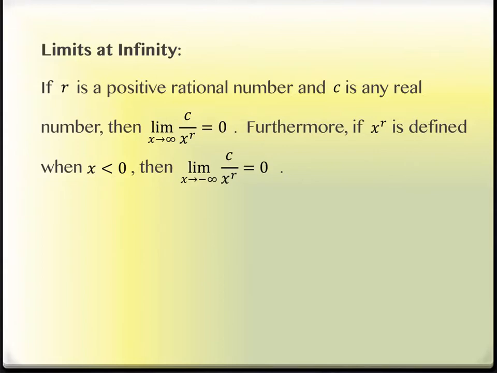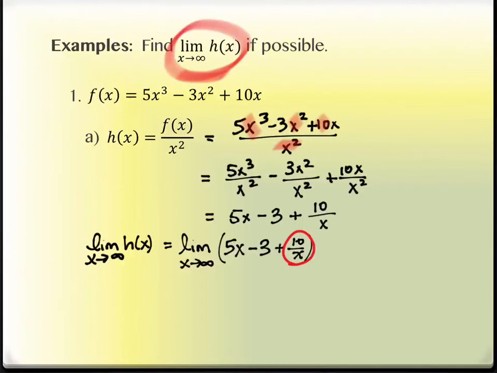Now, the others don't. These don't have that form. 5x and 3 don't have the form of the previous theorem, but this piece does. And one of the things that we did quite some time ago, like chapter 1 kind of stuff, is we said, okay, if you have the limit of a bunch of things, you could separate out and do the limit of each piece individually.